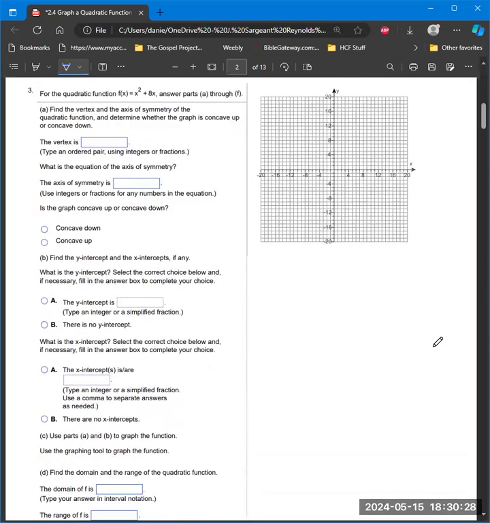Now let's look at x squared plus 8x. The vertex is going to be at negative b over 2a, so negative 8 over 2 is negative 4. And this is the same as x times x plus 8, so negative 4 times positive 4 is negative 16.